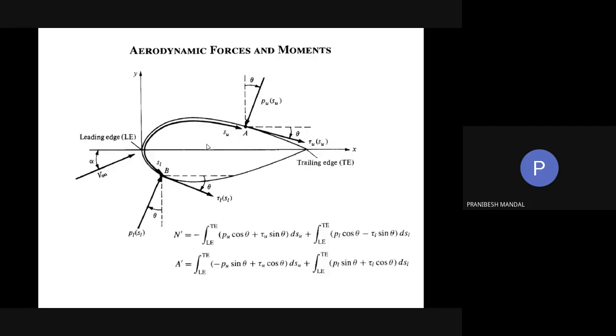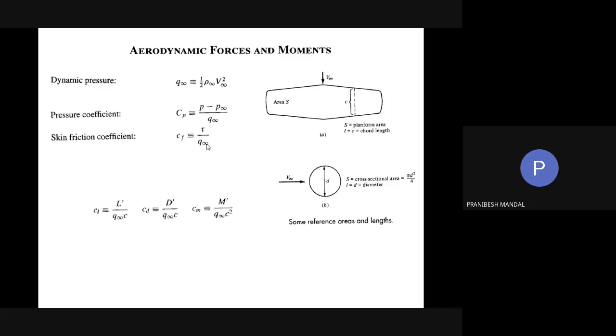So for this particular case, the reference area is C into 1, that is C, and the reference length is also C. So you see the three small letter items are written: cl equal to L dash by q infinity c, cd equal to D dash by q infinity c, and cm equal to M dash by q infinity c square.